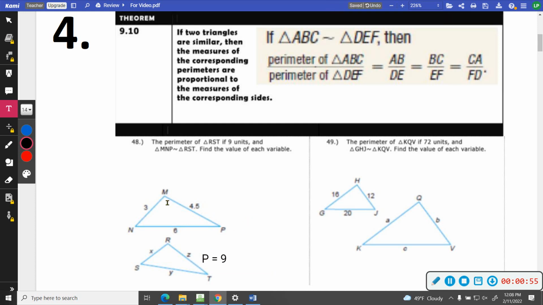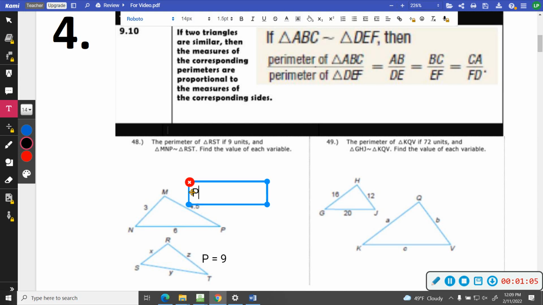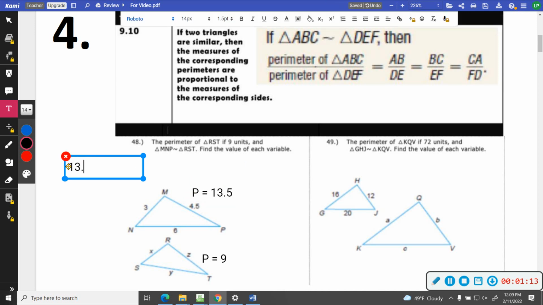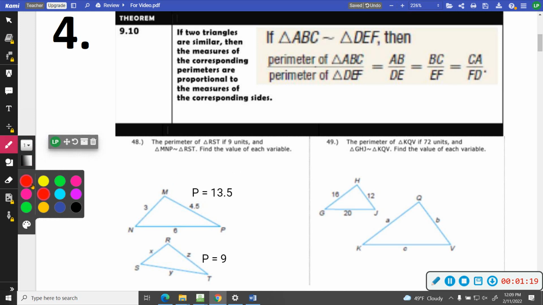Now this triangle, I can find the perimeter very easily because we have 6 plus 3 is 9. 9 plus 4.5 would be 13.5. So I got P is 13.5. And so what I could do is set up a proportion, and I'll do it this way.